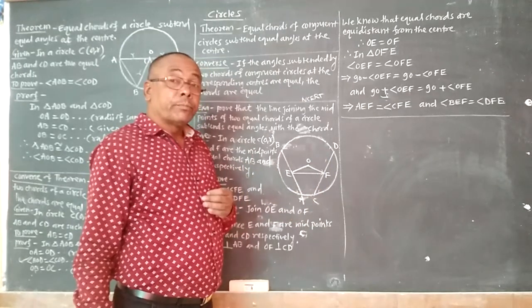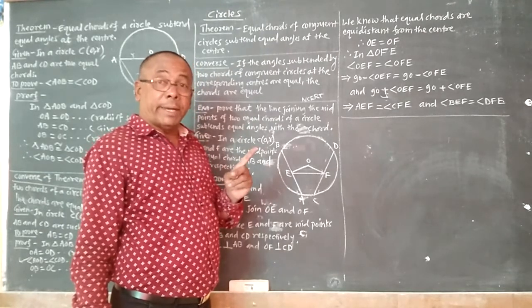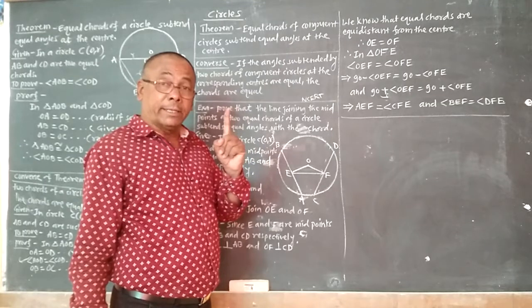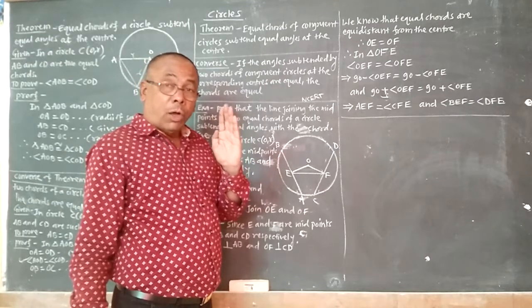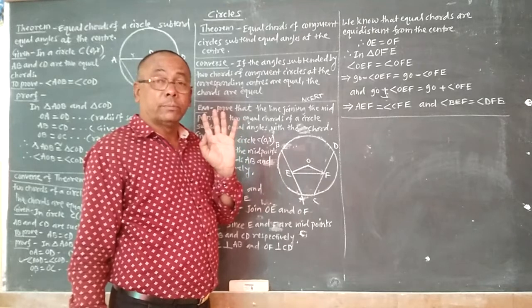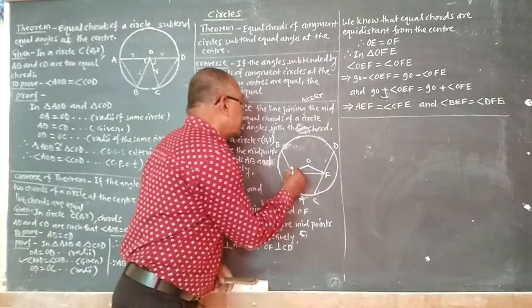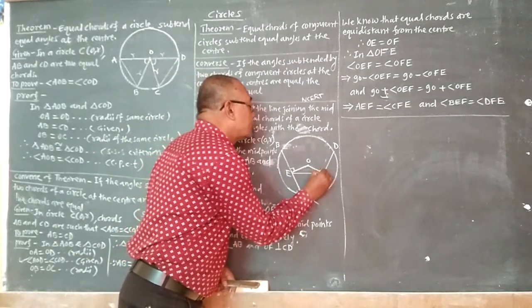We know that the line segment joining the center and the midpoint of the chord is perpendicular to the chord. So this angle is 90, this is also 90.